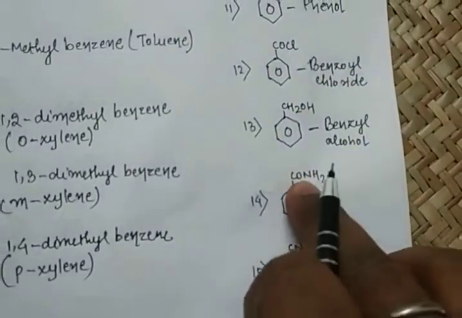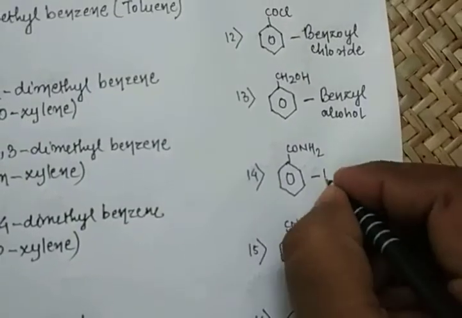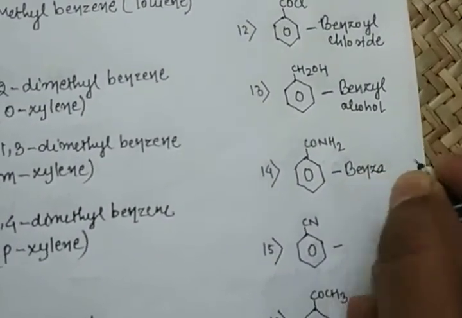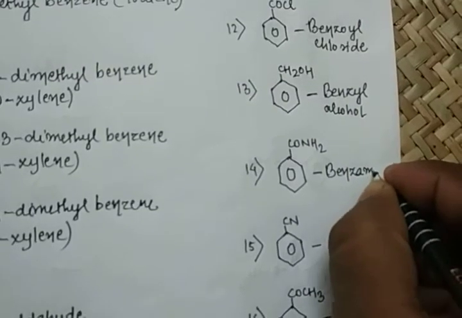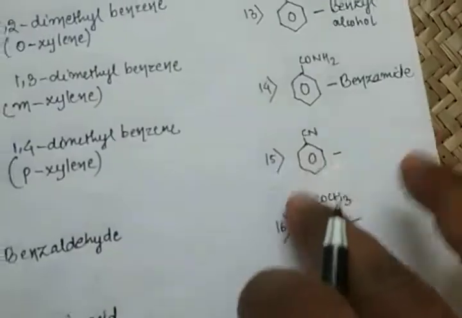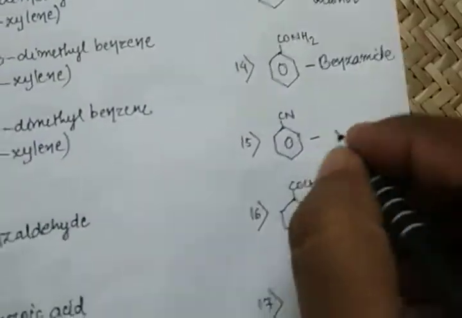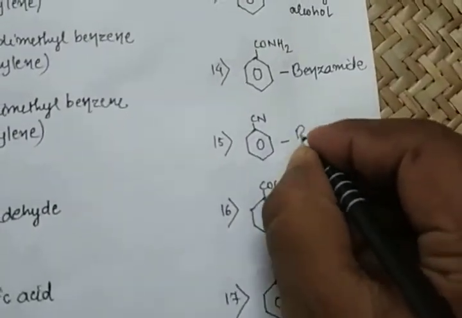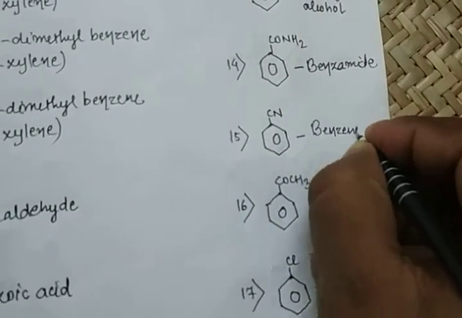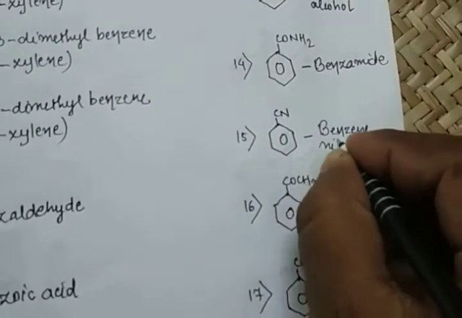Ring attached with CONH2 group, it means benzamide. Amide group is there. Ring attached with CN, so this is benzene nitrile.